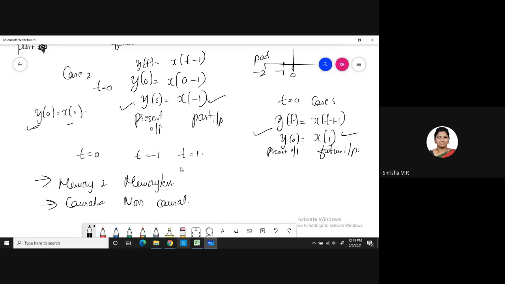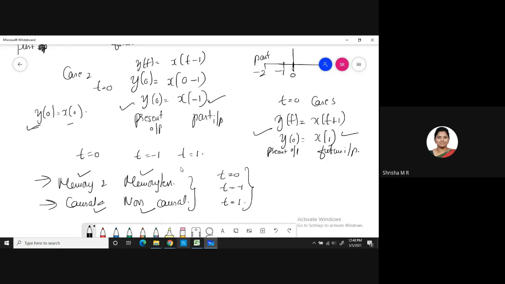So these 2 systems need these three cases: t = 0, t = -1, t = +1. We'll see what is memory based system, memoryless system, causal, non-causal and all. So this concept will be helpful for categorizing these two systems.